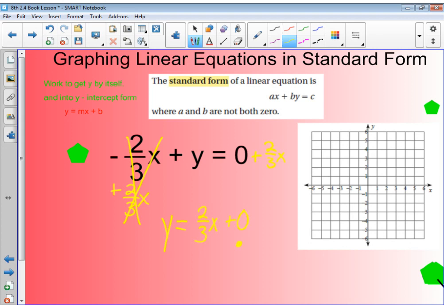So I start at that 0. And then I follow the slope. So it's positive. So I go up 2 and over 3. 1, 2, 3. Up 2, over 3. So that's what my line would look like. Only, of course, I would connect it with a straight edge.